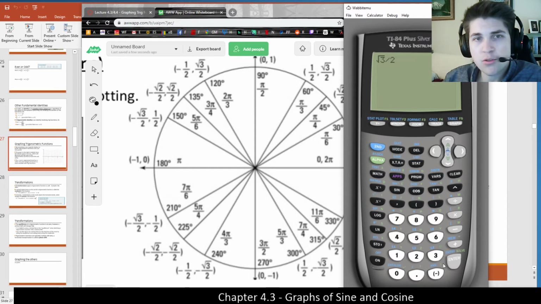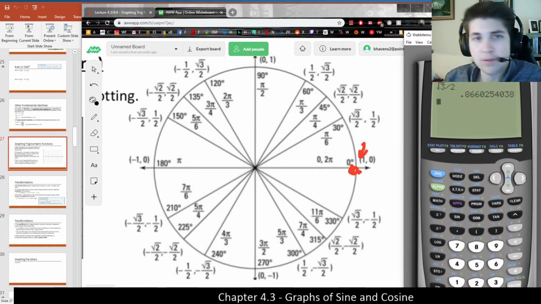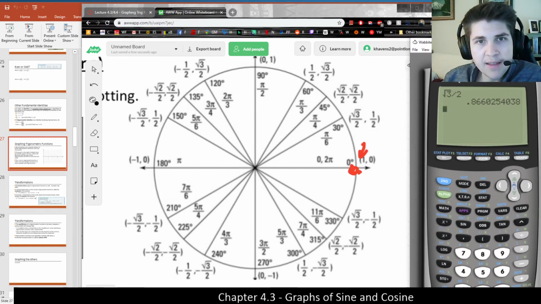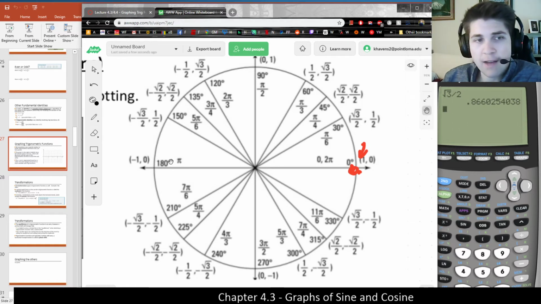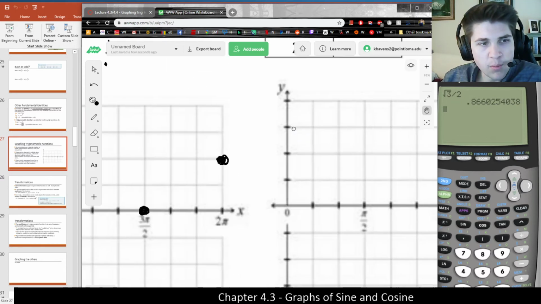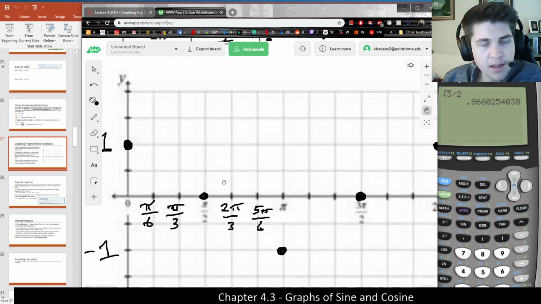It will help us to graph the proper location, but that is approximately 0.87 or close to 0.9. It's going to be hard to graph exactly that value on such a graph, but it's helpful to remember what the cosine of pi over 6 is.